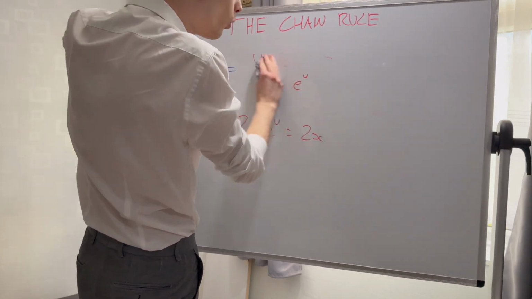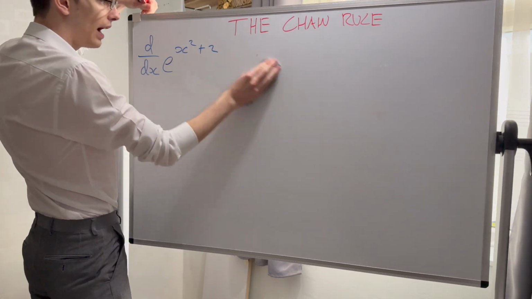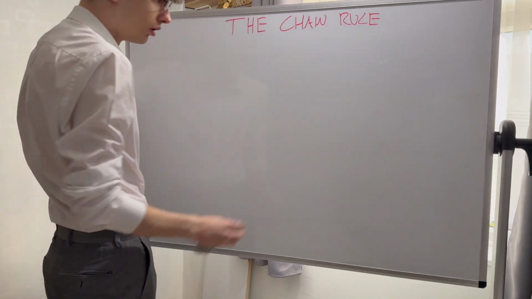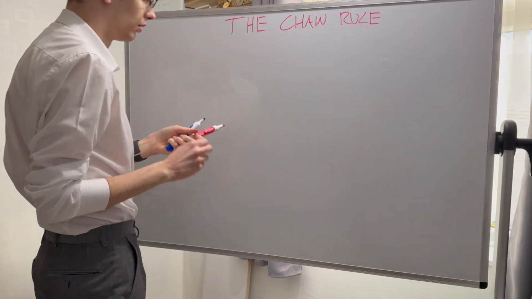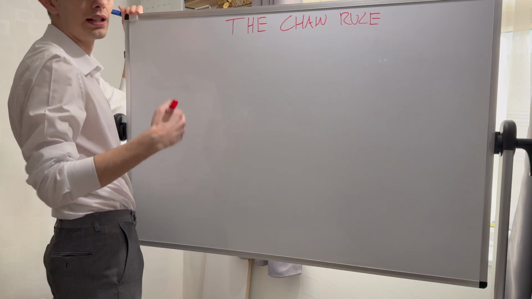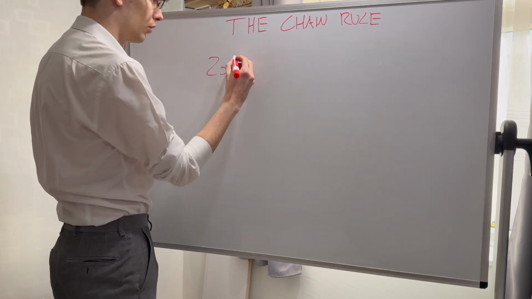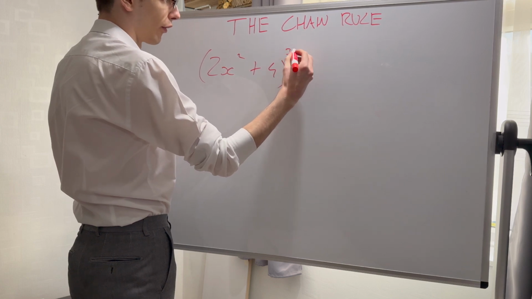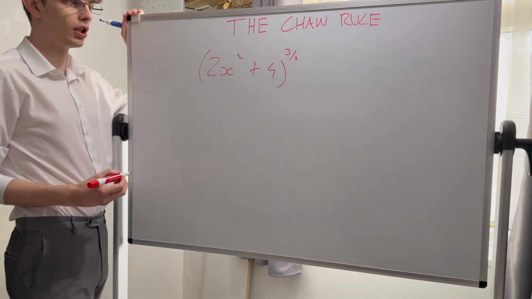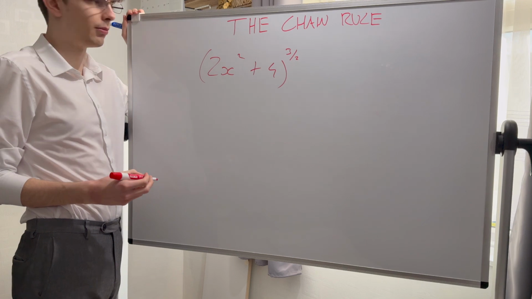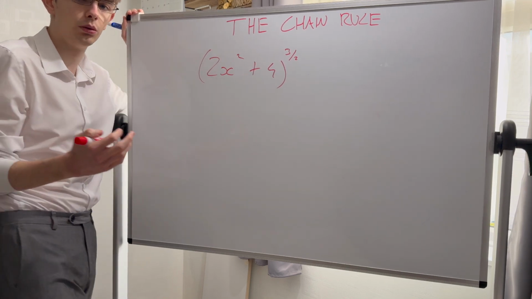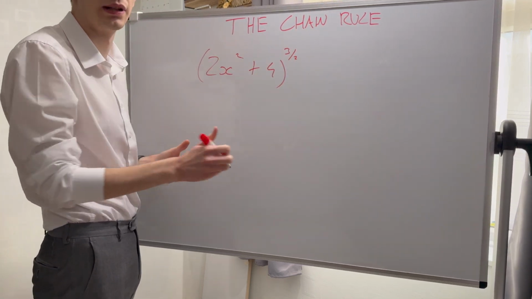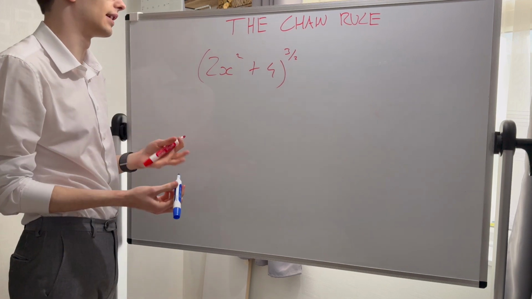So no matter how complicated it is, if we have a function within a function, then it is differentiable using the chain rule. 2x squared plus 4 all to the power of 3 over 2. Well, this looks a bit annoying, right? You might think, oh, well, I can't expand it out, or maybe you can using some binomial expansion, but we're not concerned with that now.